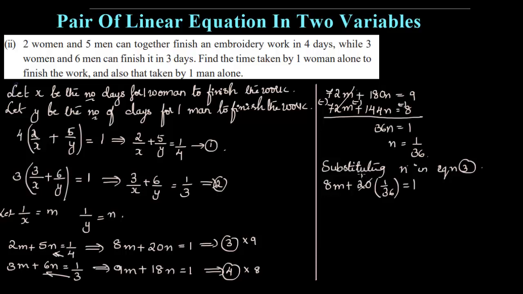Now 2 tens are, and here 2 ones are 2, 2 fives are, it will get cancelled, and here it will be getting cancelled with 2 nines are. So 8m plus 5 by 9 is equal to 1.